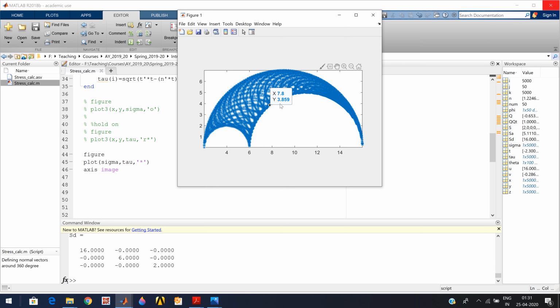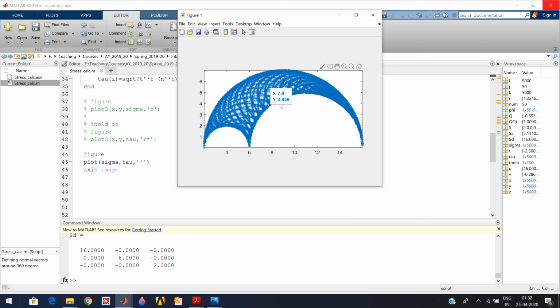That's very interesting. Each point will lie within the 3 circles, 2 smaller circles and 1 bigger circle.